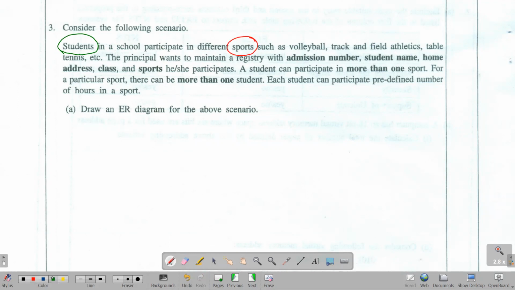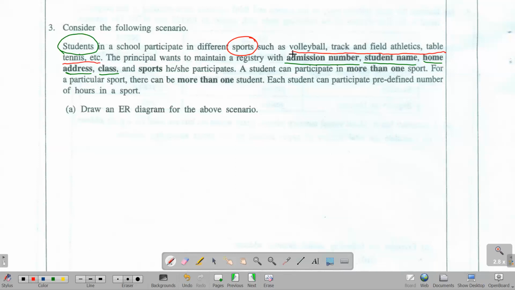So the admission number, student name, home address, class, all belong to the student, right? And when it comes to the sports, they are not specifying what are the attributes of the sports, but there are sports like volleyball, track and field, athletics, table tennis, etc.